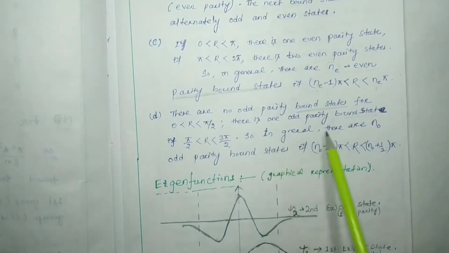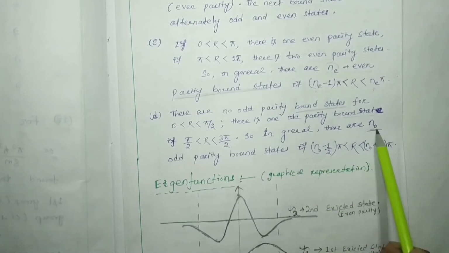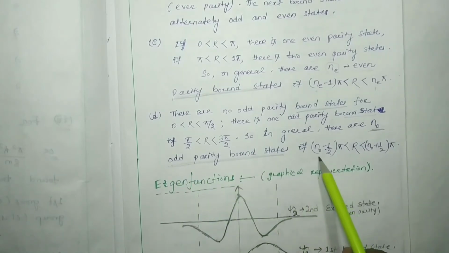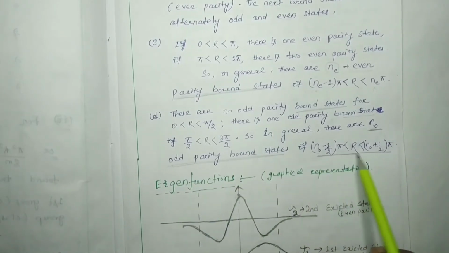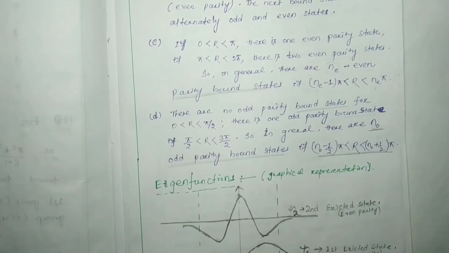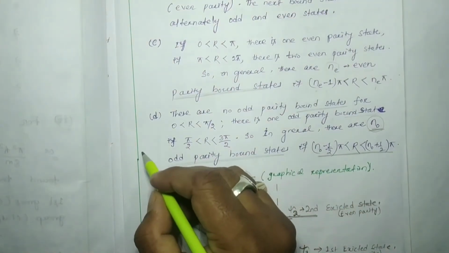So in general, any number can be right. Suppose NO is the number of odd parity bound states we want to find. So this is the expression for the range of the radius. Suppose we consider NO equal to 3.